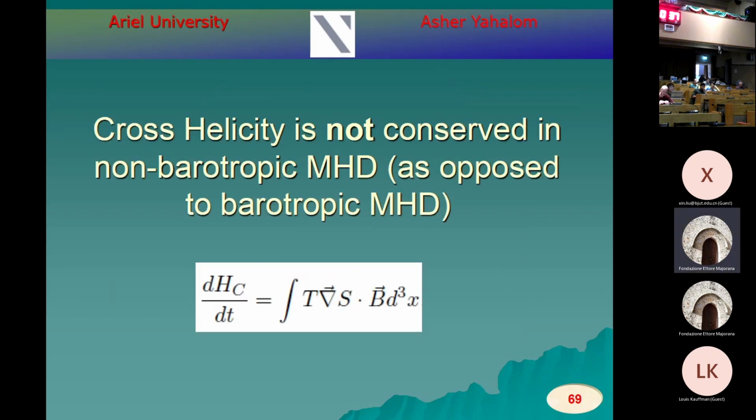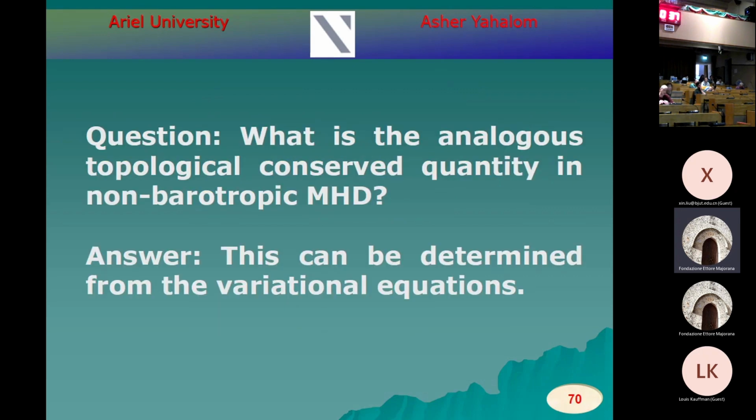Unfortunately, cross-helicity is not conserved for non-barotropic MHD, because when you do the derivative, you find that it's equal to T grad s, where s is the specific entropy, dot B, and this is usually not null. Or there is no reason to think that it should be null always, unless the flow is barotropic.